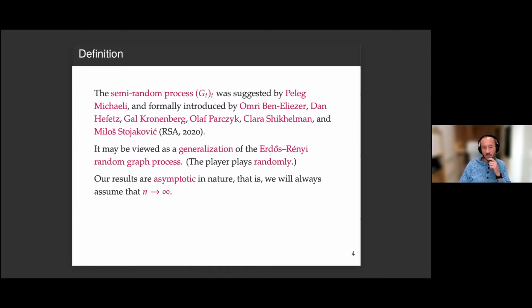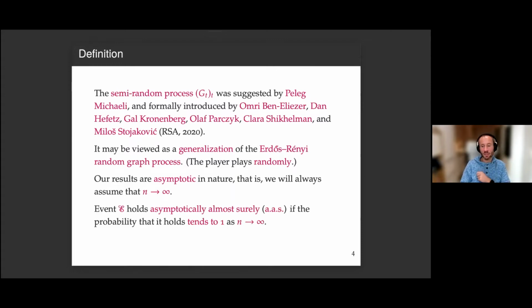So all the results, I guess you probably got used to that in random graph theory, all the results I'm going to mention are asymptotic in nature, so I'll be assuming that n, the number of vertices, tends to infinity, and the results I'm going to present will hold asymptotically almost surely, meaning that the probability I get what I want to get tends to 1 as n goes to infinity.